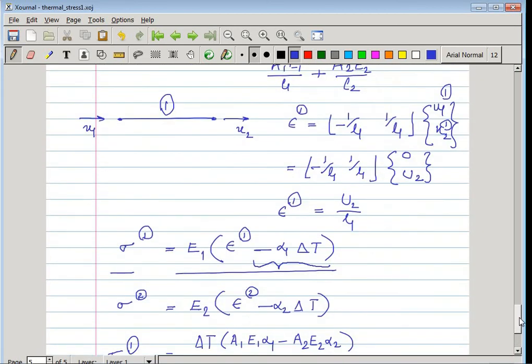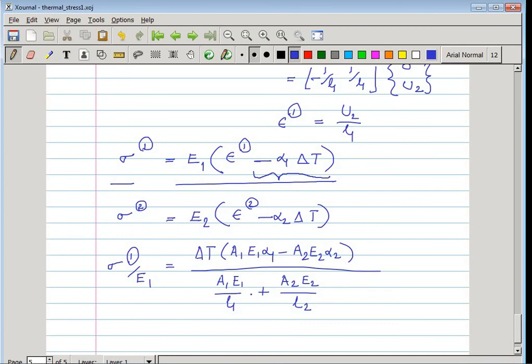This is U2, so this U2 divided by L1, so this is divided by minus alpha 1 delta T.